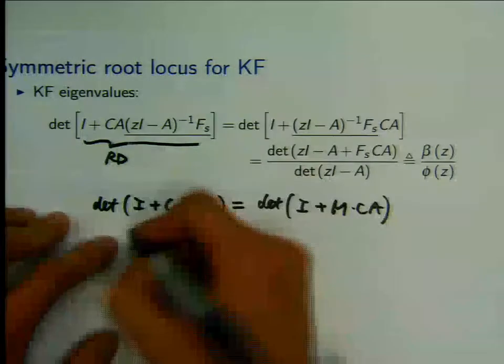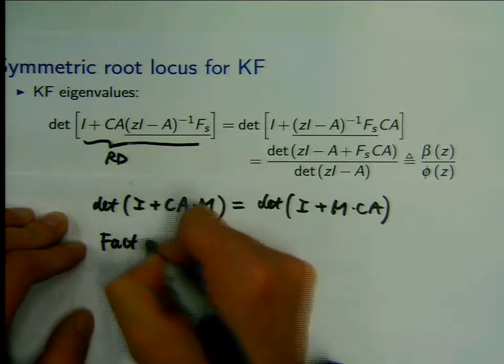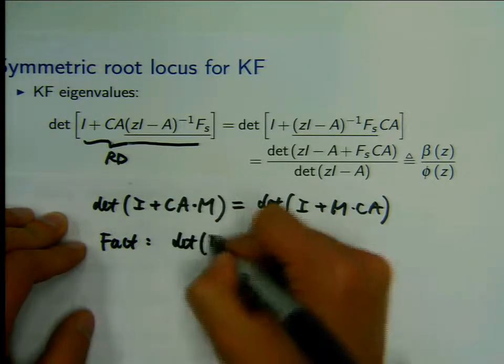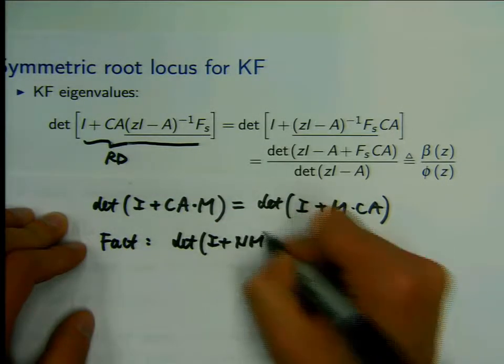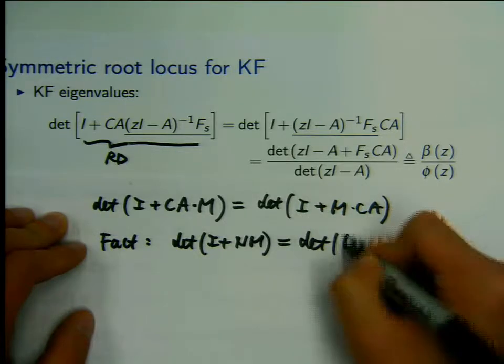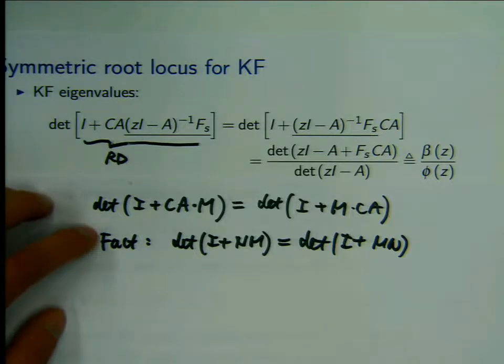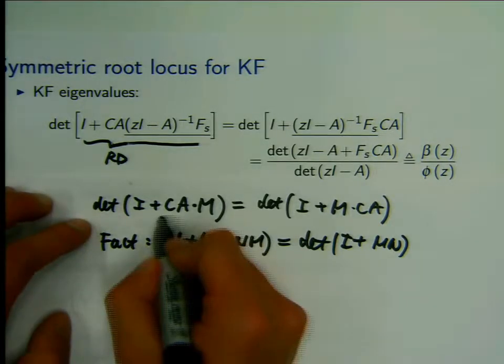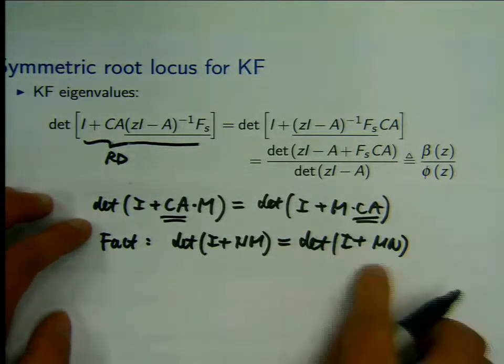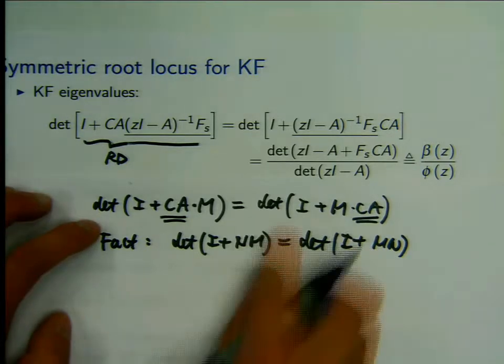I have stated this fact before, that the determinant of I plus N times M equals the determinant of I plus MN. All right? So now take this as the matrix N here, then you see they are equal.